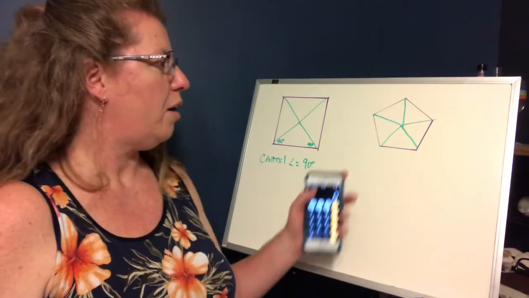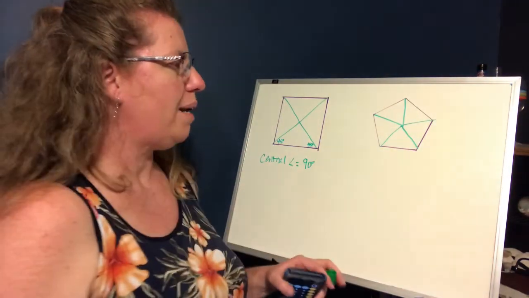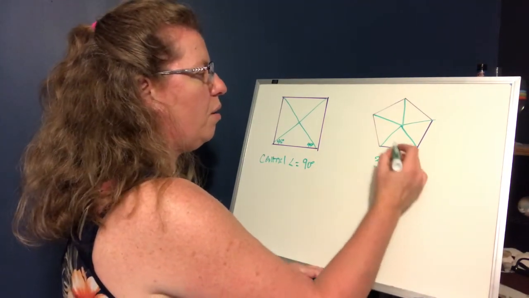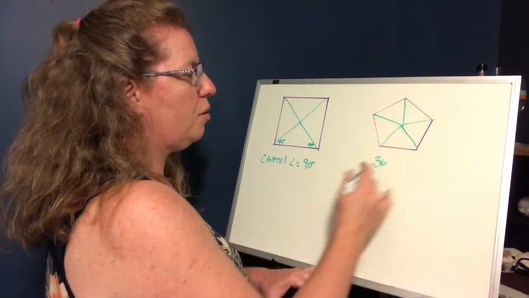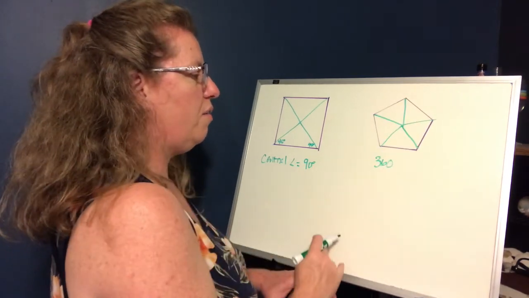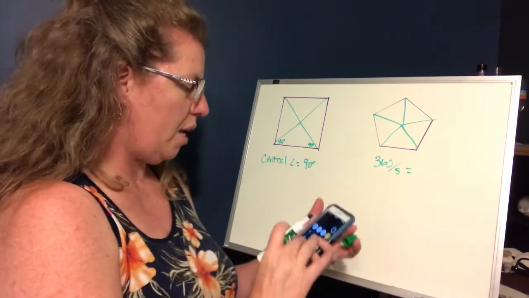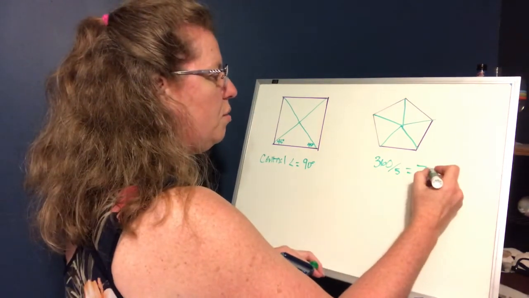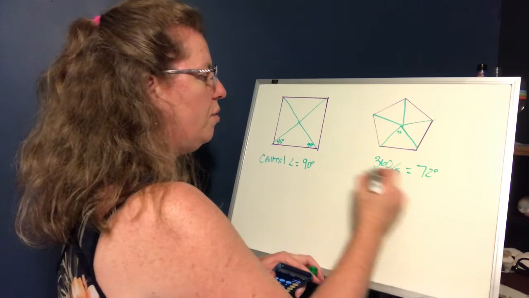Okay, let's look at our pentagon here. This one, you might not know off the top of your head, so let's go ahead and work it out. We know all the angles at the center, since it is inscribed in a circle, add up to 360, so you're going to divide 360 by 5, since there's 5 triangles. So 360 divided by 5 gives us 72 degrees. That is our central angle here, 72 degrees.